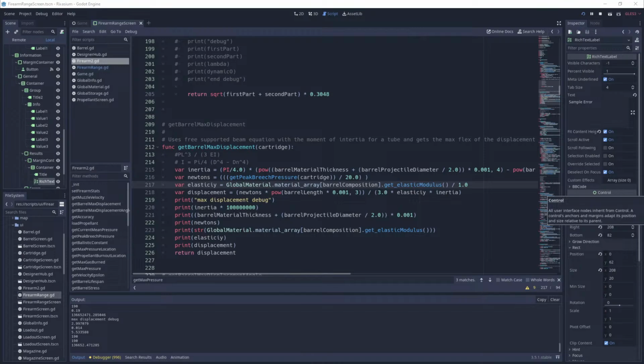Five newtons. What are the base units for this? Like, what are actually the base units for this?